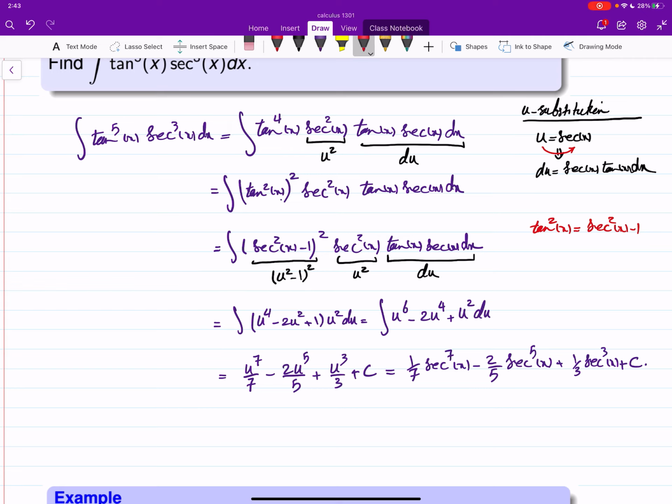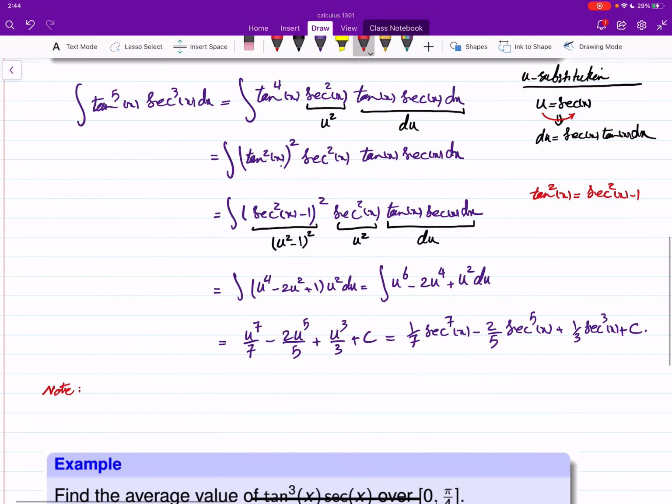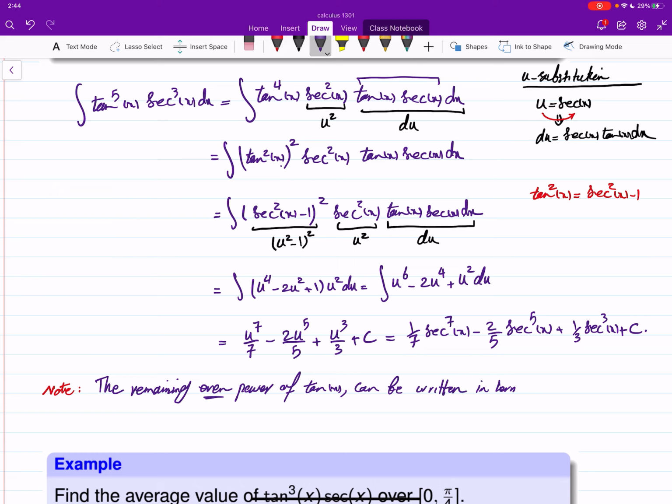And the take home note or lesson from this example is that the remaining even power of tan, originally we had odd, we took off one of the powers, put that factor aside, and then the remaining is even, can be written in terms of secant x using the identity tan squared x is equal to secant squared x minus 1.